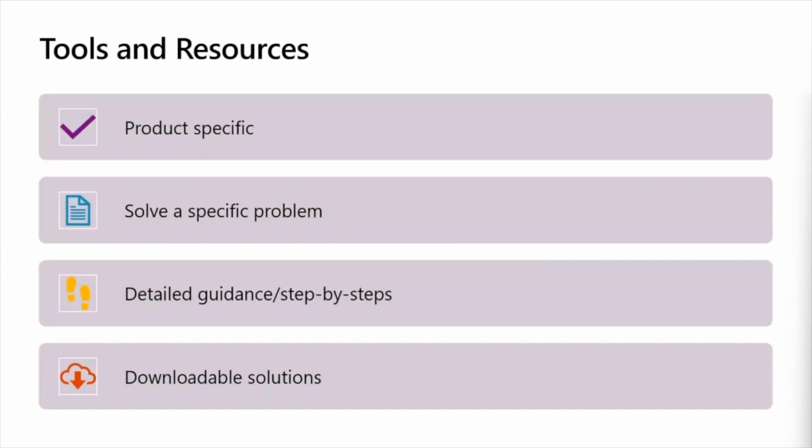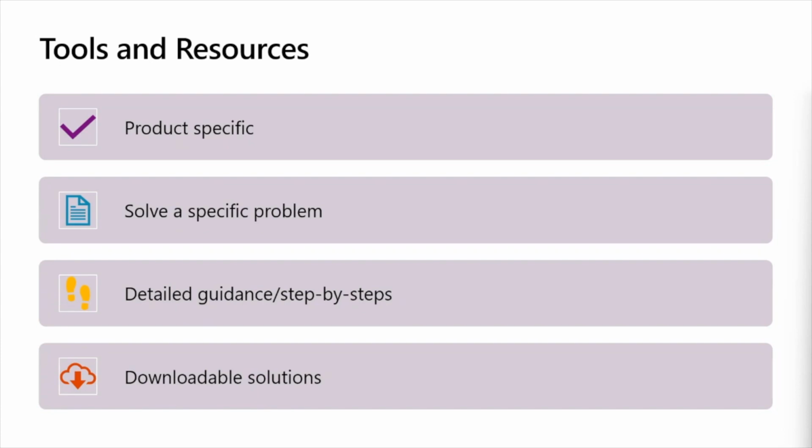Next up are tools and resources. These are some of the new things that you'll find out there. The tools and resources you'll find are generally product specific, meaning that each tool is specific to one particular product. Each tool or resource is designed to help you solve a specific problem. When you look at one of these articles, it will describe the problem that the tool or resource is there to help you with.